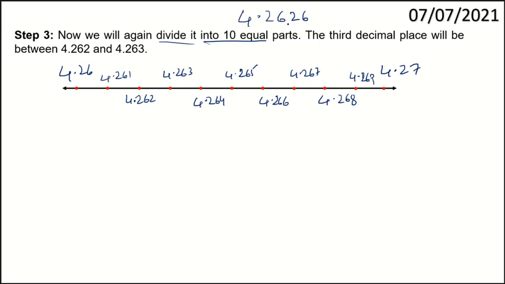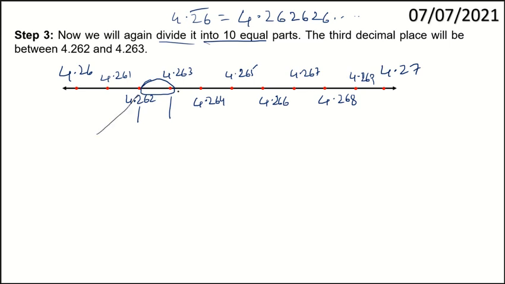Now here I have to look for 4.262 and 4.263, which is to be magnified. Why? Because this 4.262626 and so on, which is 4.26 bar, lies between 4.262 and 4.263.